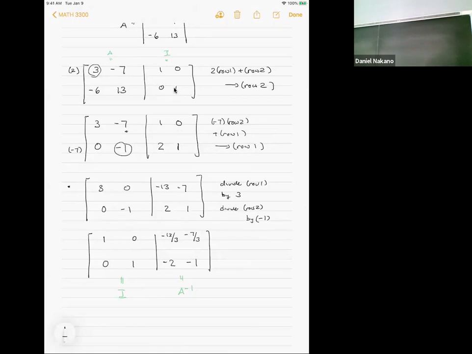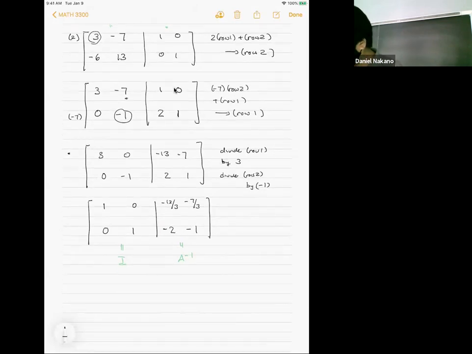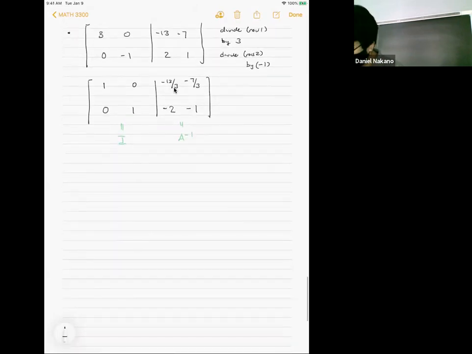Okay, so I want to save the next example for the class next time because I don't want to shortchange people. So what I'll do is I'll state some ideas before the end of class.